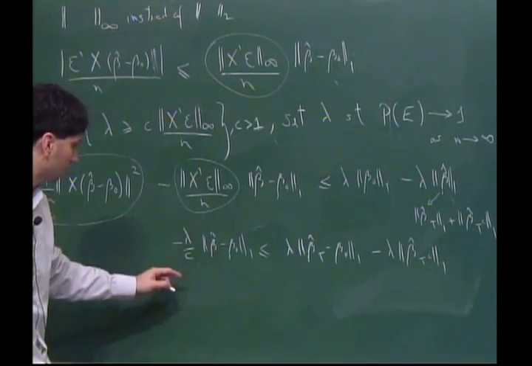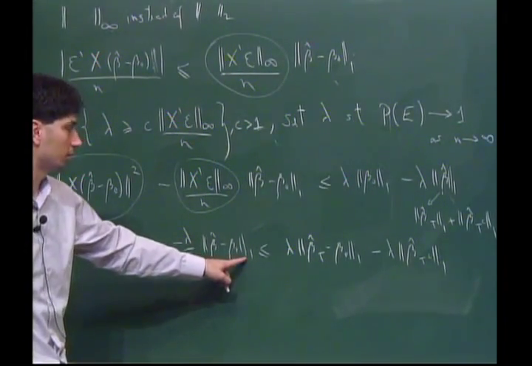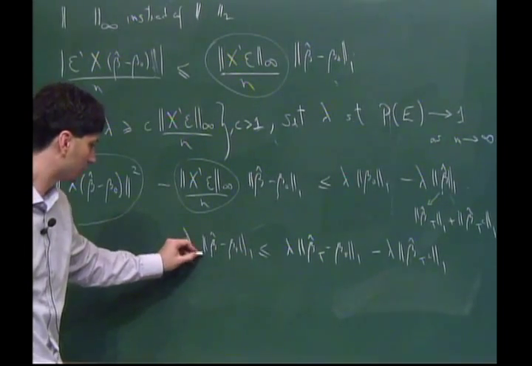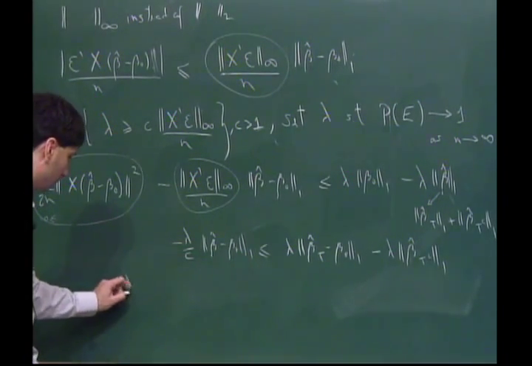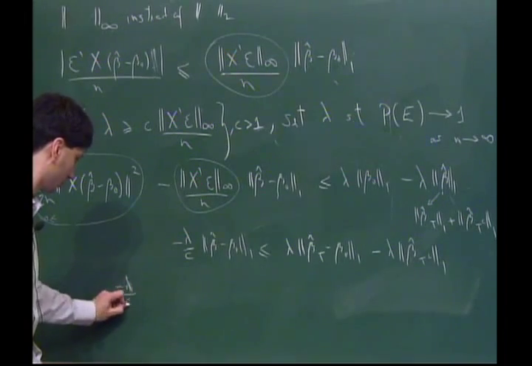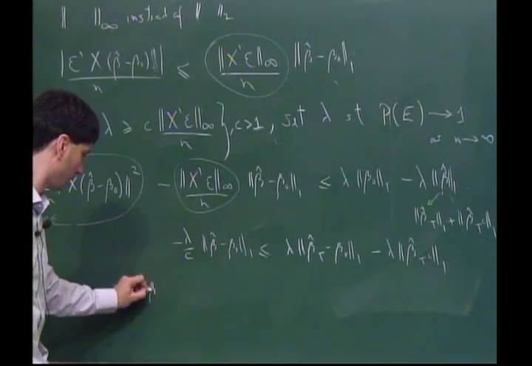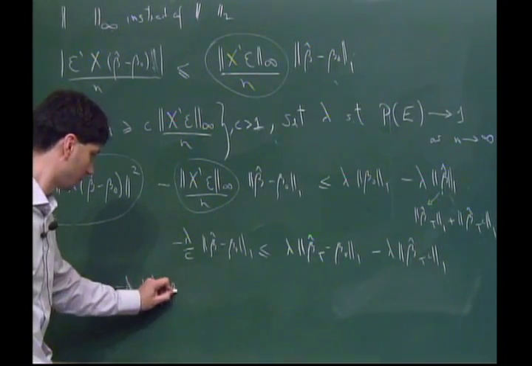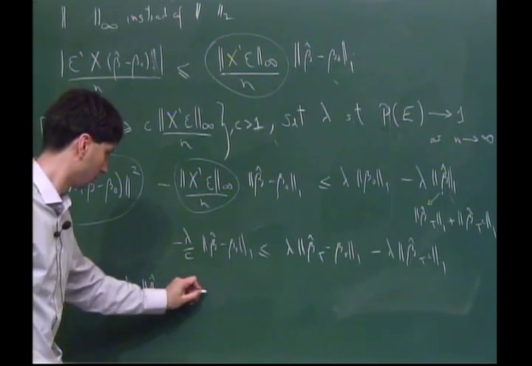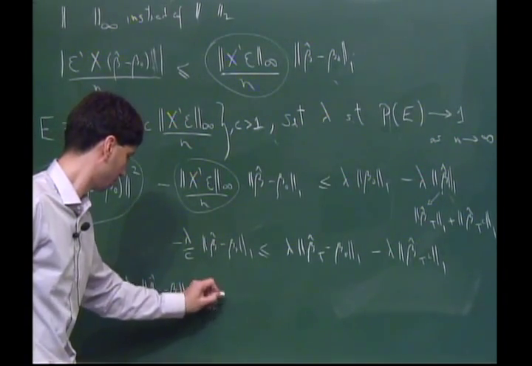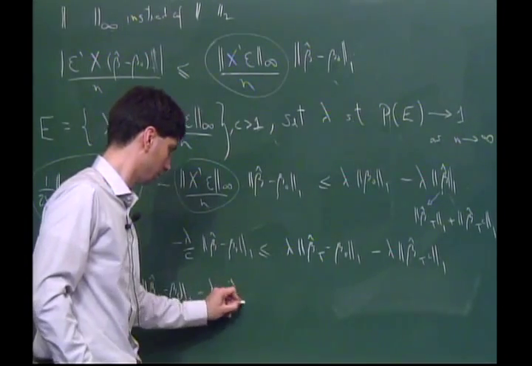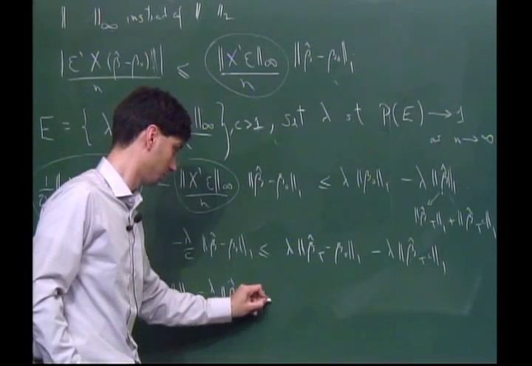Now this side, I can do the same split. So this side is beta hat T minus beta naught, norm 1, minus lambda over c, beta hat T complement beta naught.